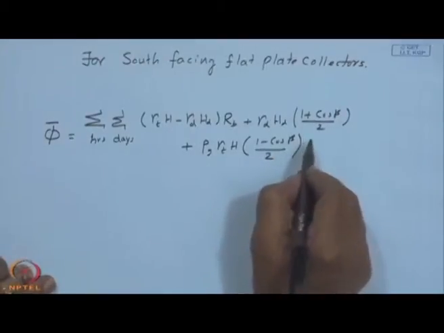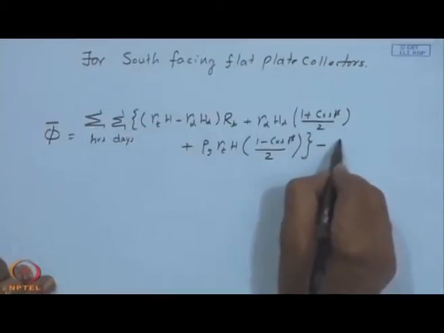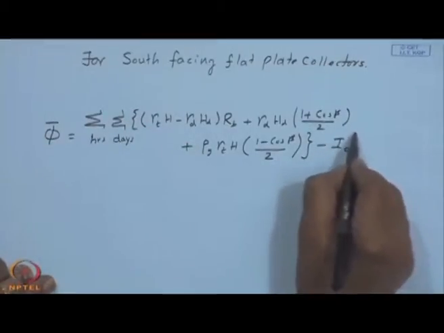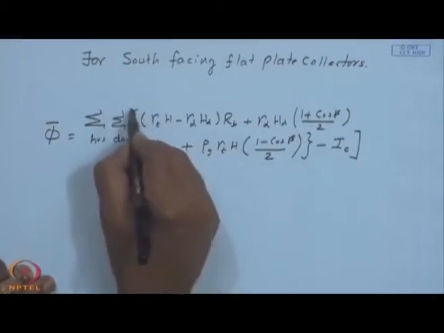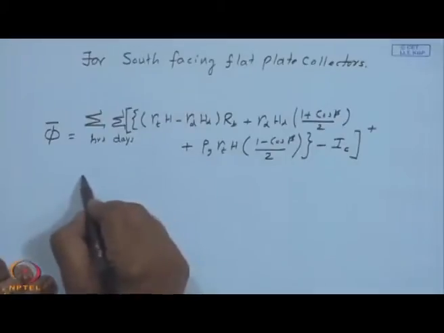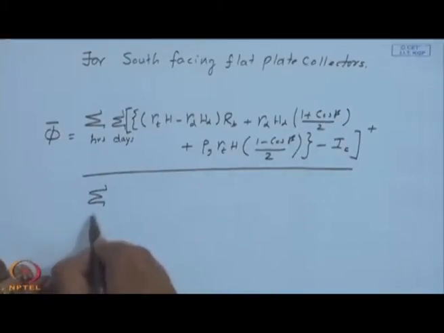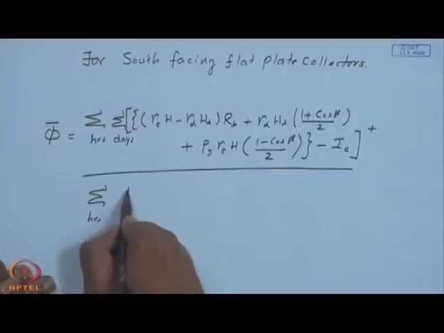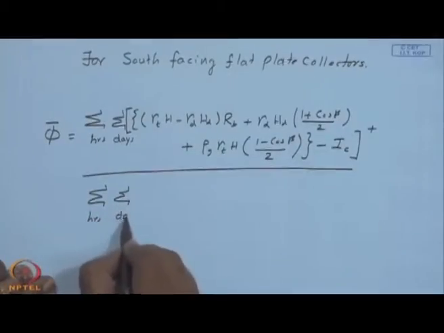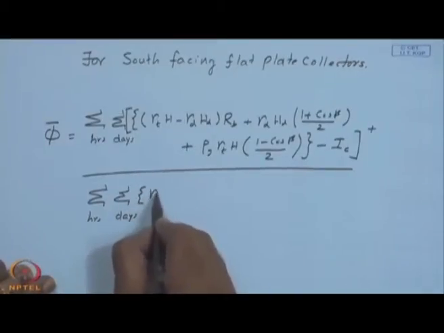Then we have curly brackets minus critical level I c, then the square bracket with the superscript plus, upon summation over hours. I shall explain each term, then it becomes very easy for you to remember the basis on which we have written this.